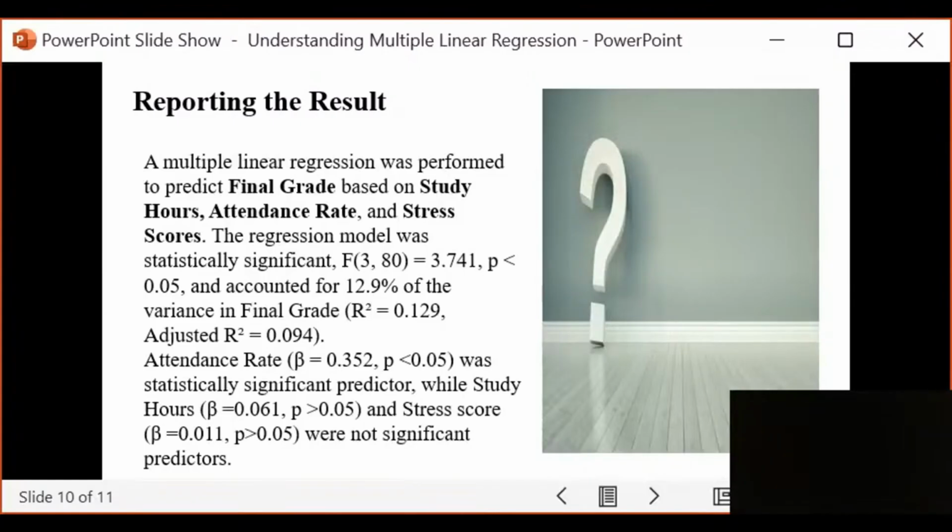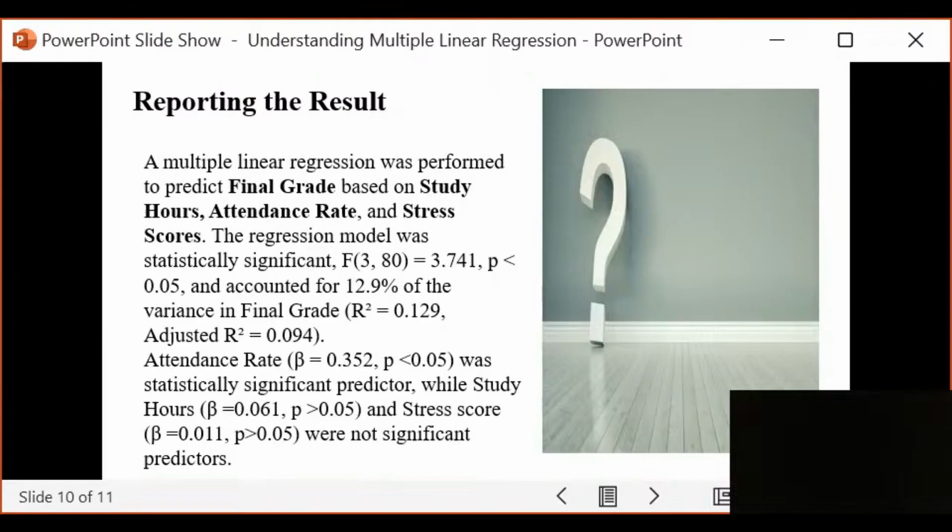It is very important that we mention the significance of the model. Okay? The overall regression model was statistically significant with F. F stands for the F test, the Fisher test. 3 is the degrees of freedom, and 80 yung nakaloob doon sa parenthesis, yung first number na 3 is the degrees of freedom, and 80 is the number of respondents.